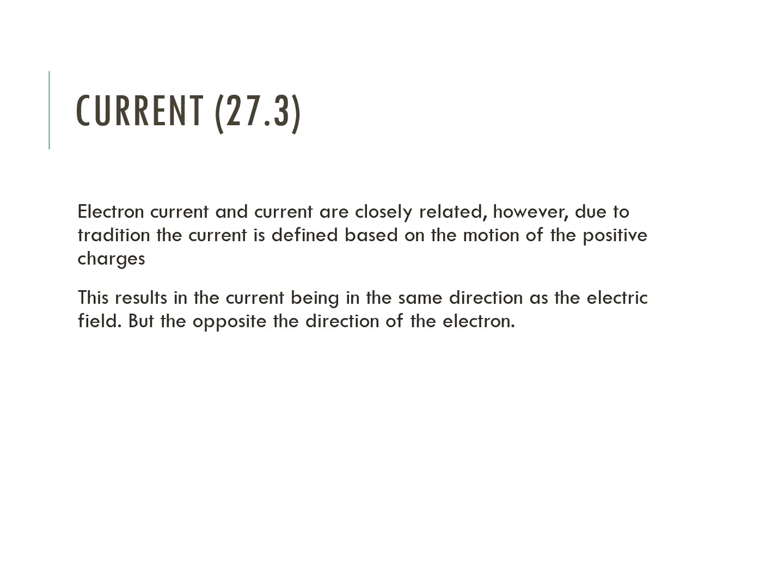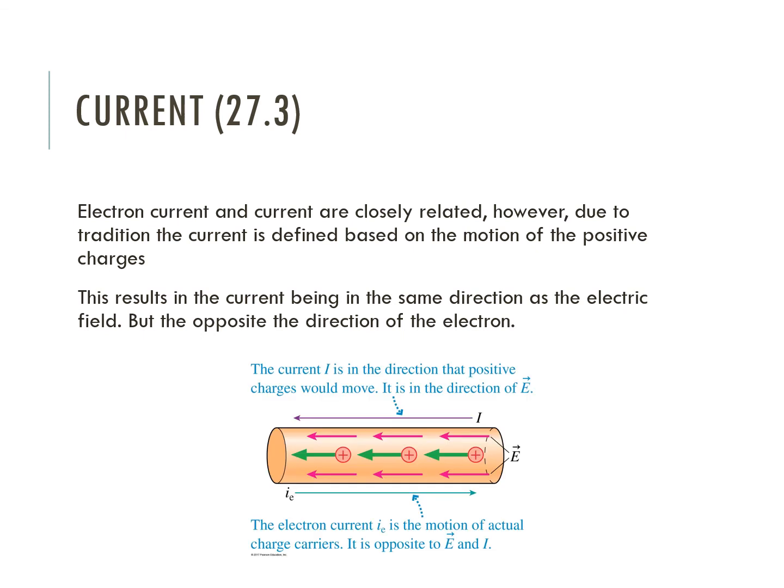So by using positive charges, the current moves in the same direction as the electric field, but in the opposite direction of the electron. So what that looks like is this. So here we have our wire. We have our electric field, in this case pointing to the left by these pink arrows.